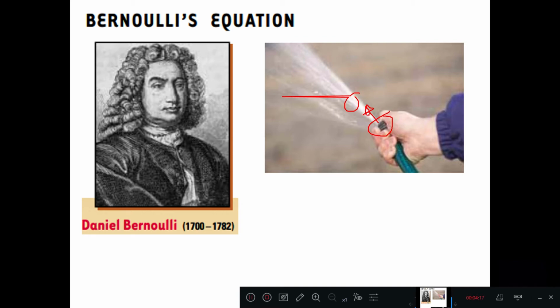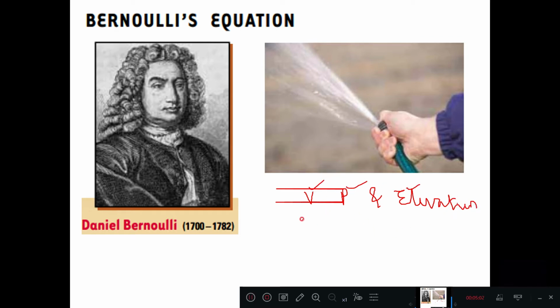The relationship between fluid speed, pressure and elevation was first derived by Daniel Bernoulli in 1738. There is a relation between velocity, pressure and elevation, and that is what we call Bernoulli's equation of fluid motion.